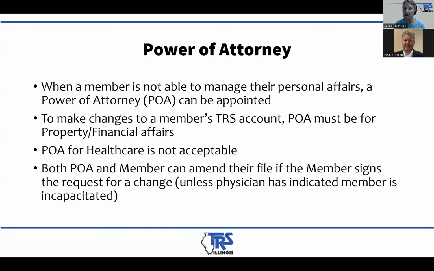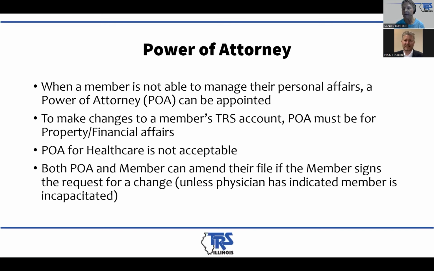And what this allows is that the POA can make changes on your account, but the TRS member can also make changes on your account. So you are allowing someone else to do that if needed, but also, if you provide a written request, you can make changes on your account as well.